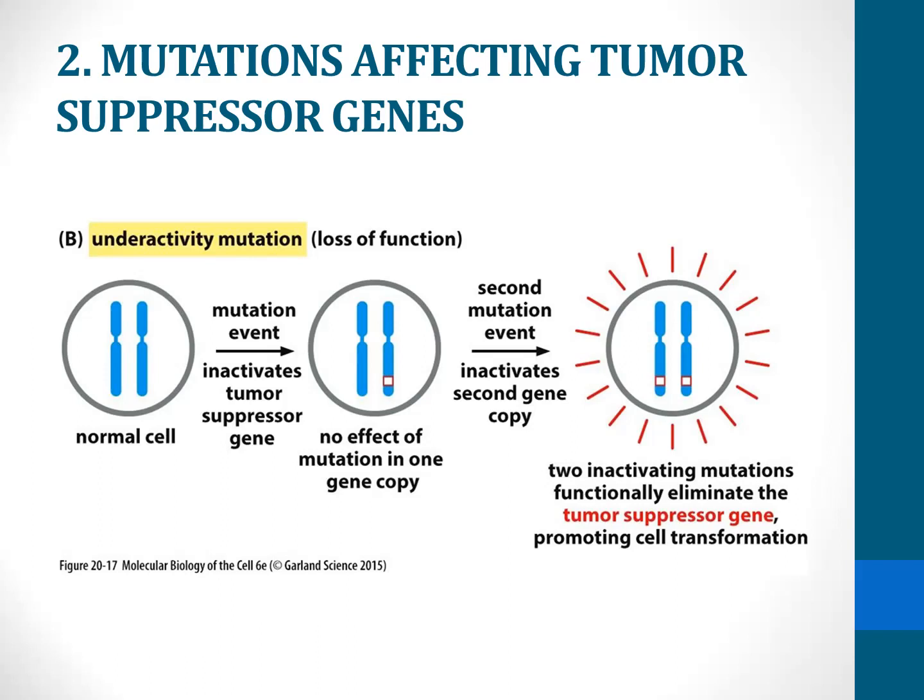When it undergoes one mutation, it inactivates the tumor suppressor gene, and only a single allele is affected. But when the second mutation occurs and both the alleles of the gene are affected, then the tumor suppressor gene loses its function. This is a recessive effect.